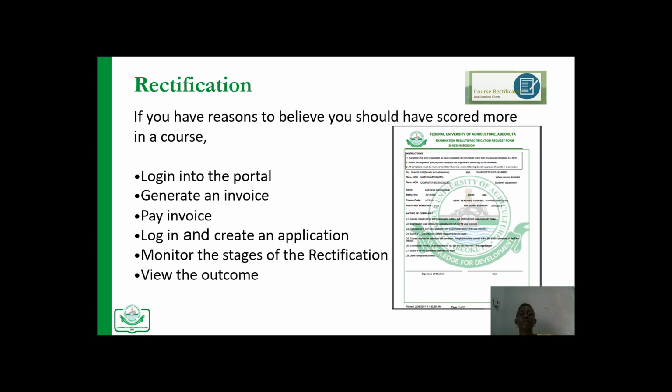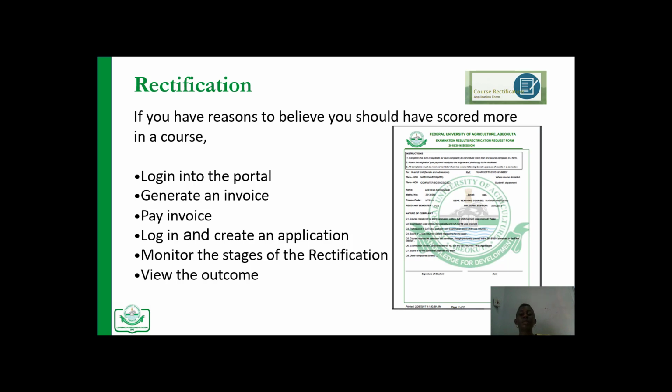You generate the invoice, you make payment, then you log in again, and once payment has been made, it will allow you to create an application. From this, you can monitor the stages at which your rectification has gotten to. The outcome can then be viewed at the right time.